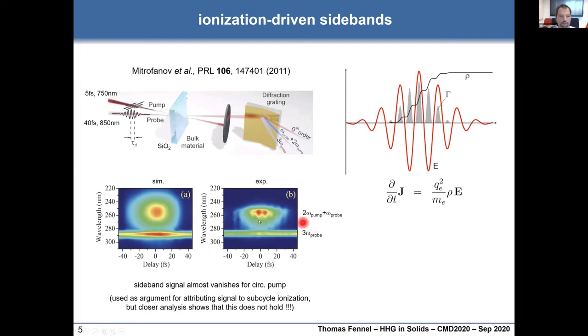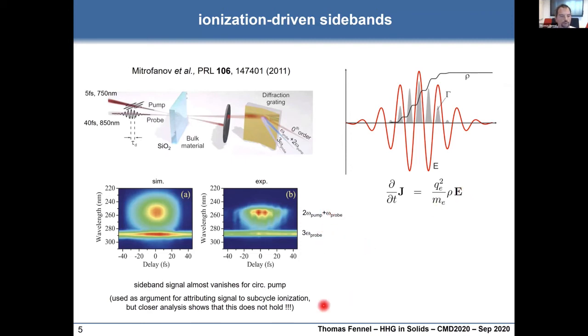And this then leads to these sidebands, simulated and experimentally measured. The authors argue that this is an ionization-driven signal because the lowest Fourier coefficient would have two pump photons in it, and the probe photon just comes from the acceleration here.